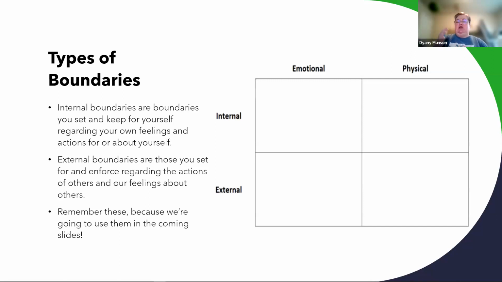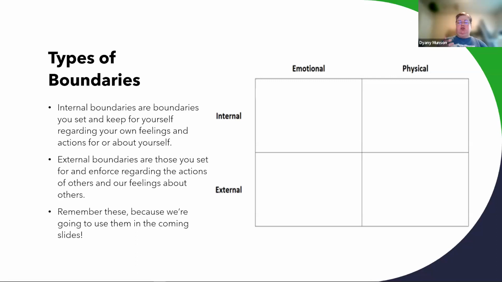In which case, an internal physical boundary will be, I'm only going to watch 2 episodes because I know if I cut myself off after 2, then I'll be better able to make decisions, like going to bed at a decent time so I get enough sleep for what I have to do tomorrow. Things like that really help support us and our wellness.